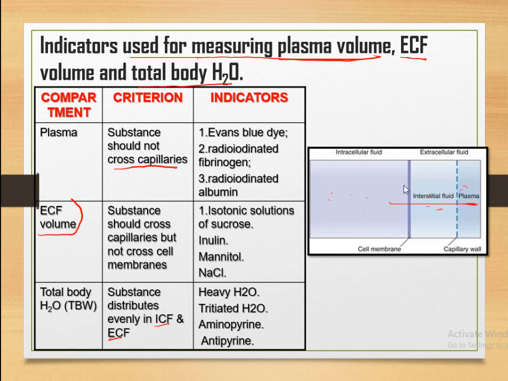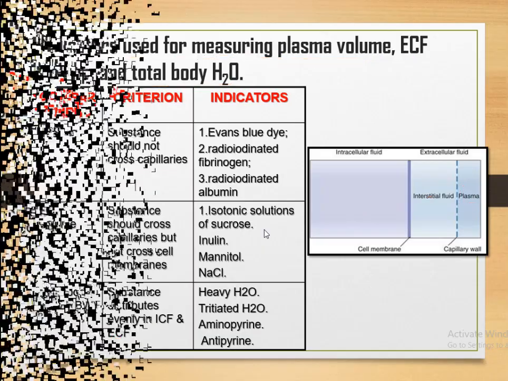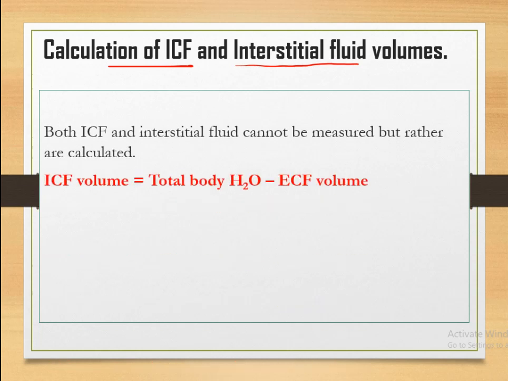So, intracellular fluid is equal to total body water minus extracellular fluid volume. You just subtract the extracellular fluid from the amount of water you measured.